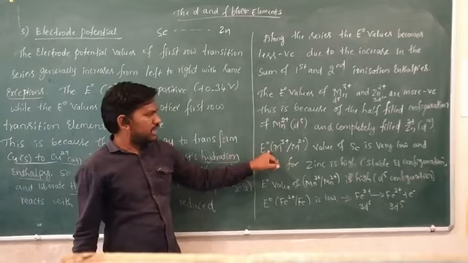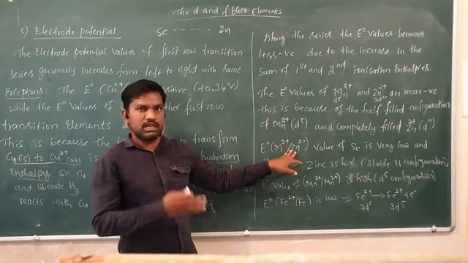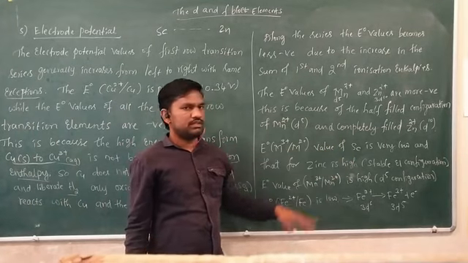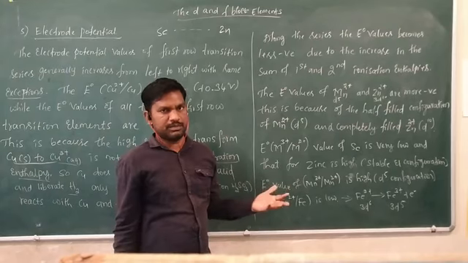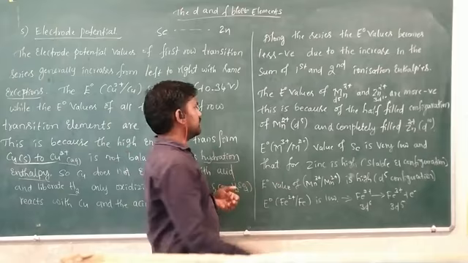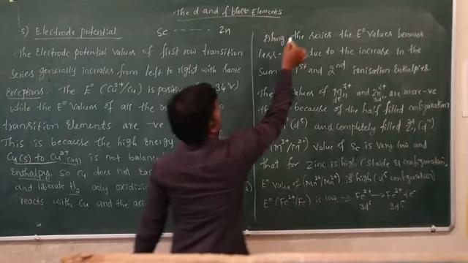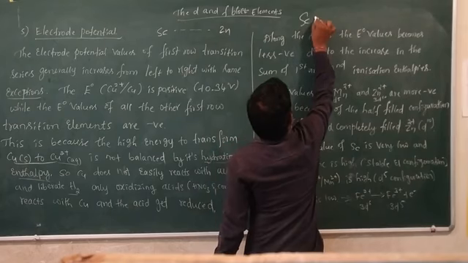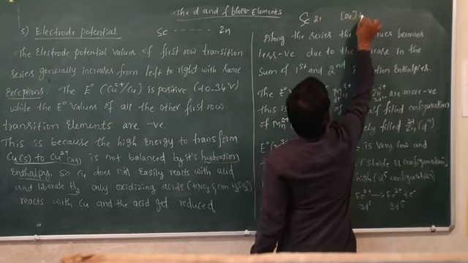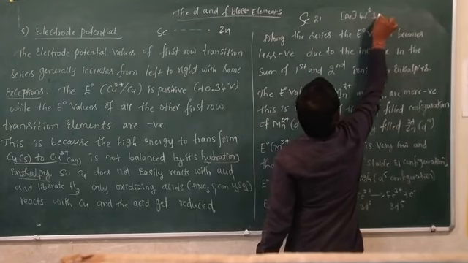The E0 value also depends on the third ionization enthalpy. The electrode potential value of scandium is very low because scandium, atomic number 21, has the configuration argon 4s2 3d1.